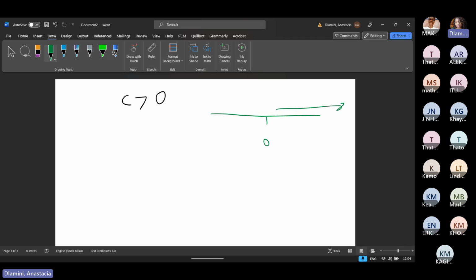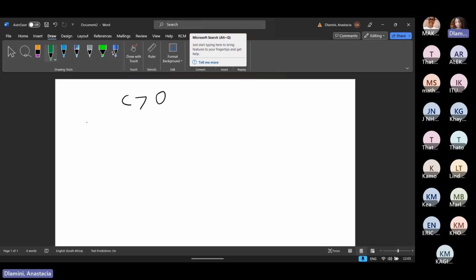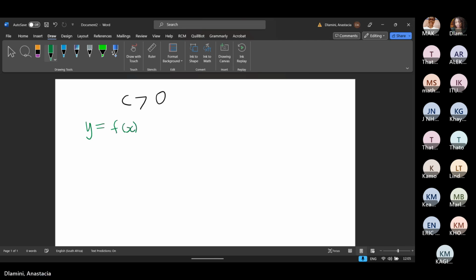So c is a positive constant, and you have a function y equals f of x. If you write y equals f of x plus c, then it means that you have shifted this graph c units upwards.